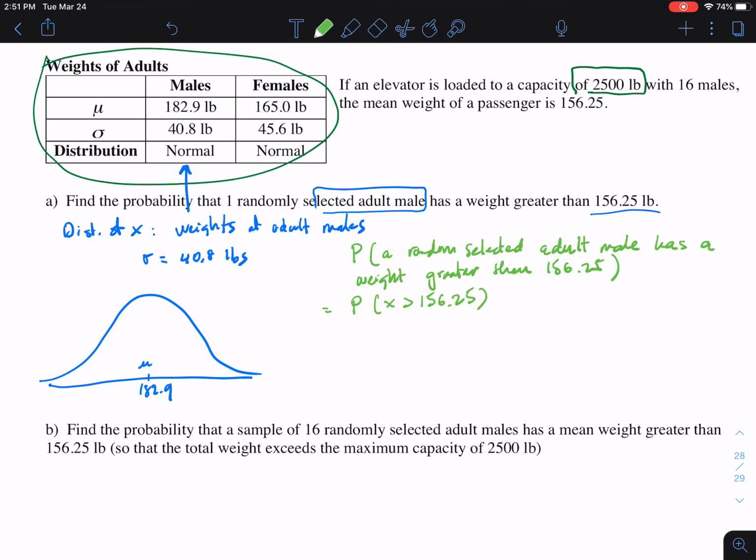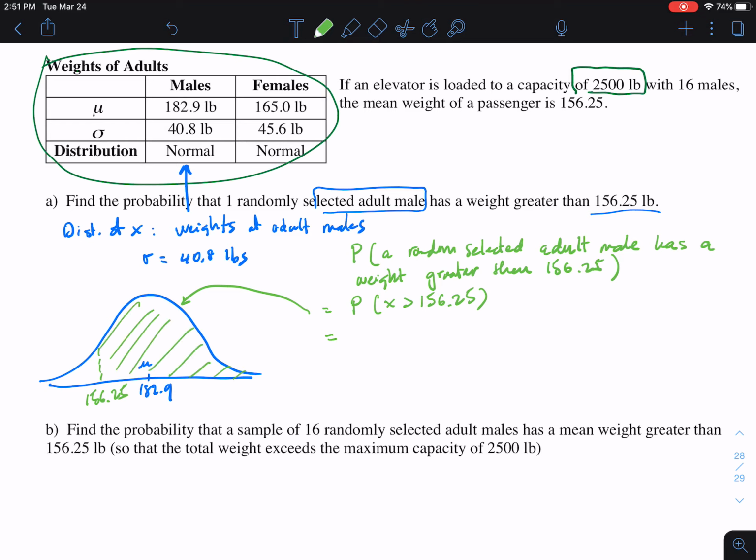Now, in the previous lesson, I showed how to do this using the z-score table to look up the area, or probability. I can demonstrate that in this picture here. 156.25 is below the mean, and we're trying to calculate this area.